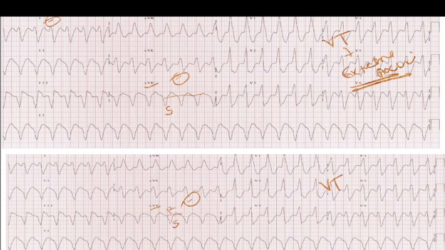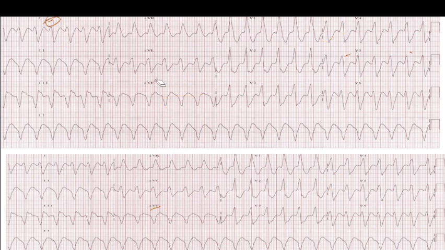Let me see, what is this? Well, some of you might know this. Those who are familiar with ECG know that it is a VT, ventricular tachycardia. If it is ventricular tachycardia, I don't do any calculation.